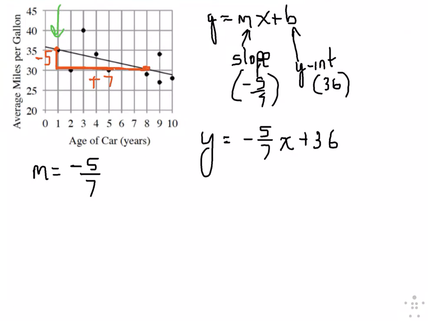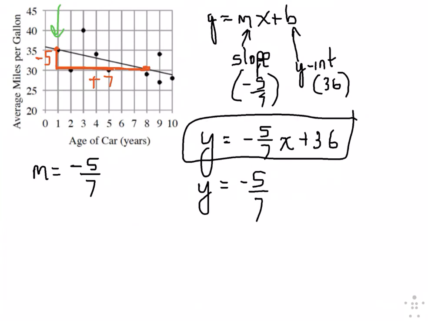Now it says estimate, I don't have the original question, so let me look at it now. Now it says use the equation to predict the mileage for a 7-year-old car. It's not really the correct mileage, it's your prediction based on your line of best fit. So for a 7-year-old car, they're saying insert a 7 for the x in the equation of the line of best fit, and see what y comes out to be.